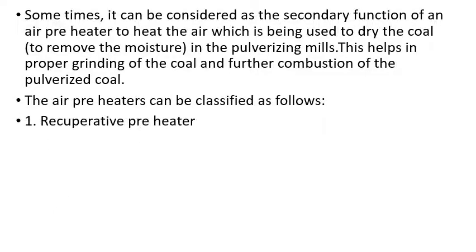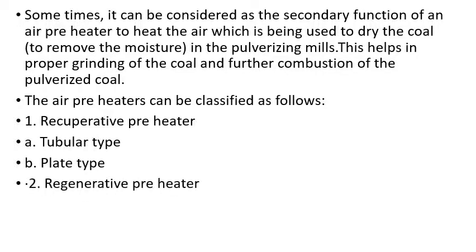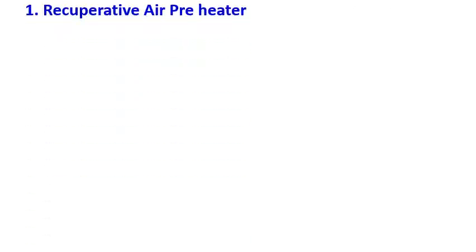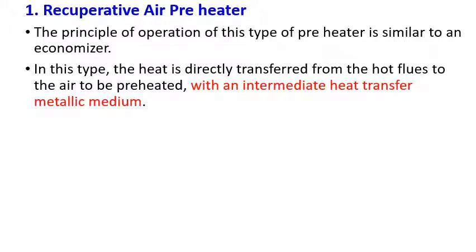So you can use that as a secondary function of an air preheater. They are classified as recuperative and regenerative. In the recuperative, you have a tubular and a plate type. In regenerative, a brick type and a rotary or Jungstrom type of air heater. Let us see some of these. Recuperative air heater: the principle of operation of this preheater is similar to that of the economizer.